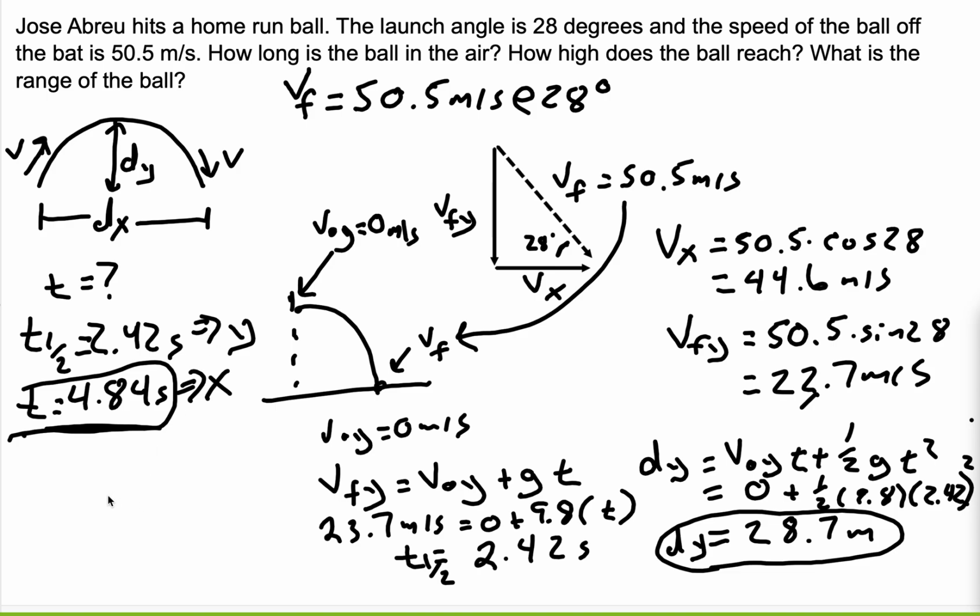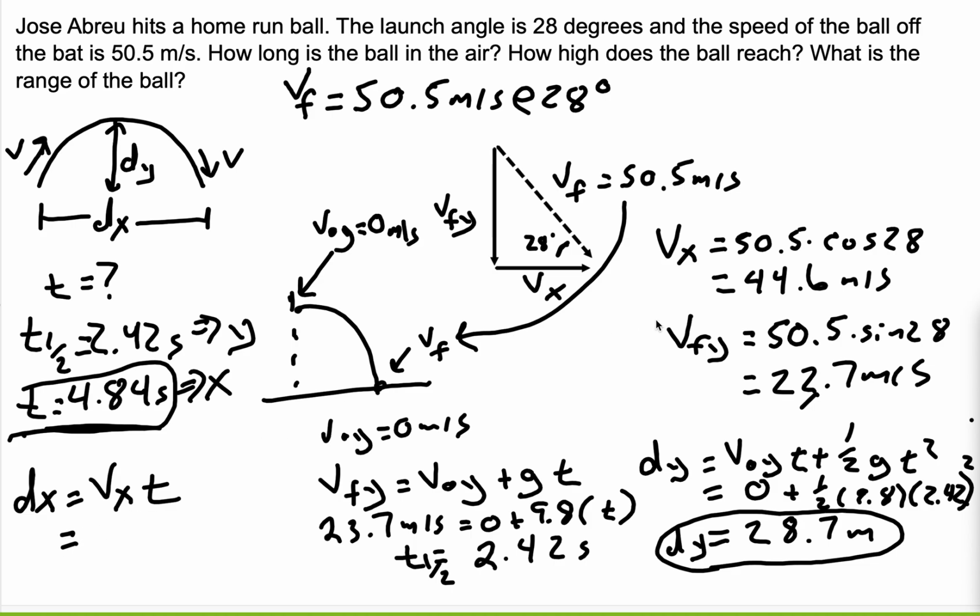Right? And then, so you guys, for dx, we only have one equation in the X direction. It's Vx equals dx over t. So you know that algebra, the dx is going to be Vx times t.